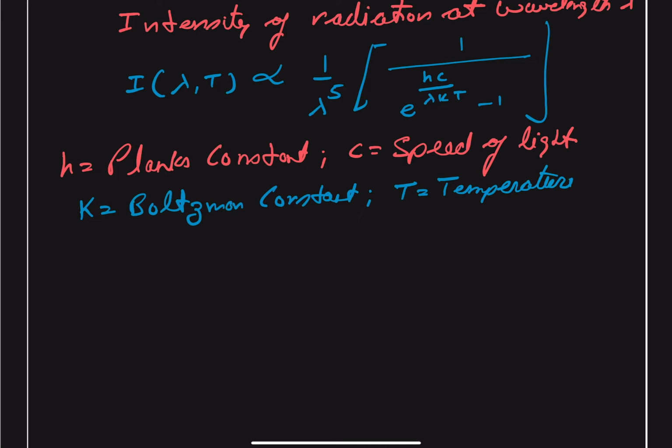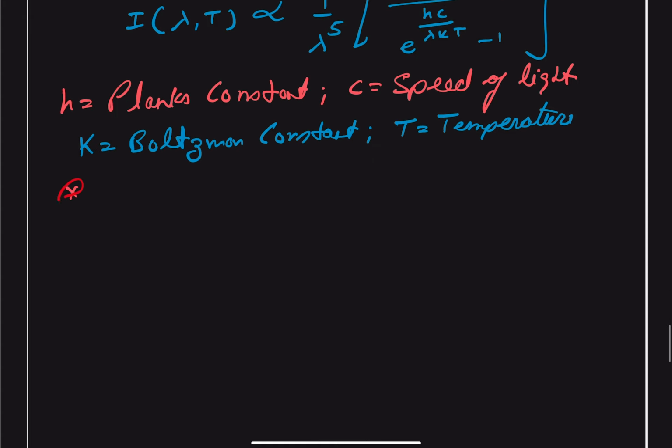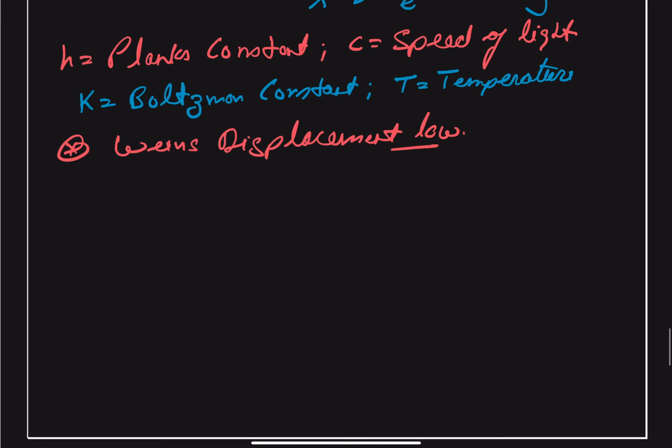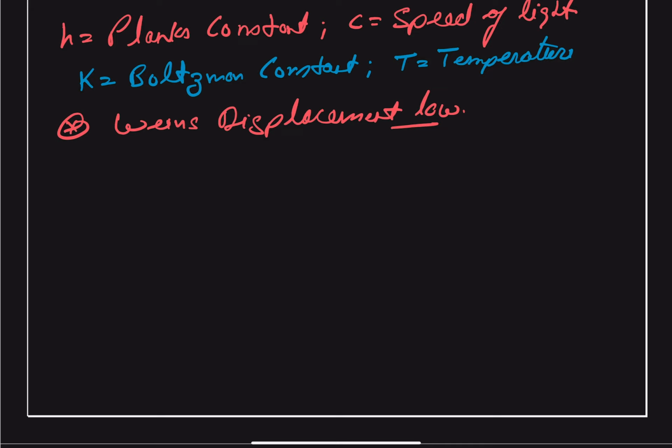The second law we are going to use is Wien's law, also called Wien's displacement law, and this gives us the peak wavelength.